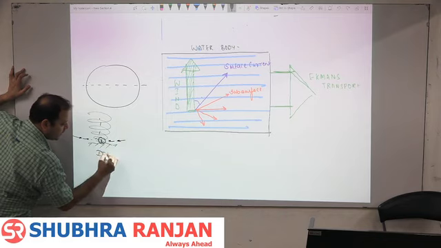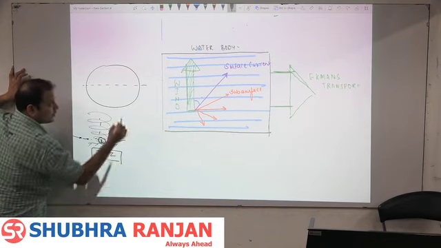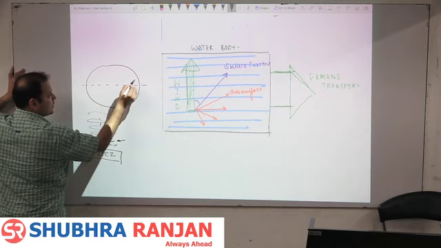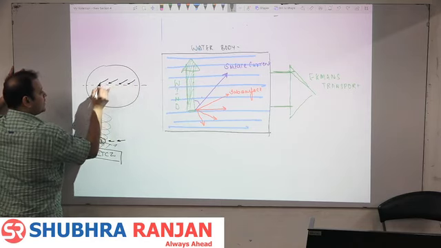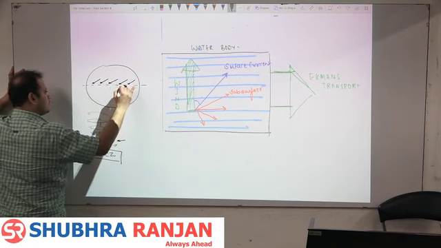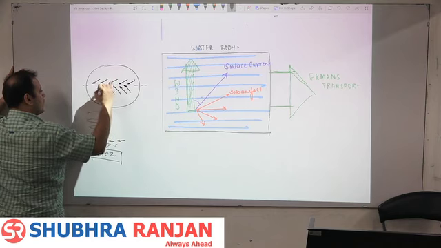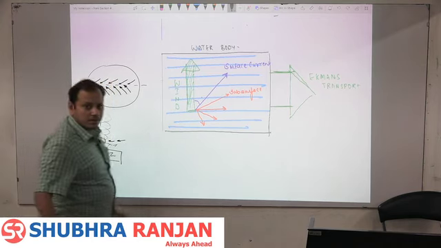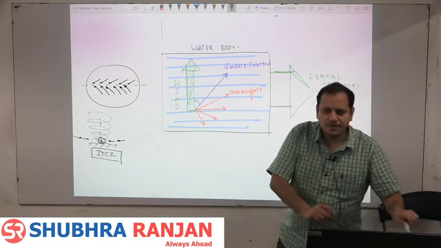Therefore, we will call this ITCZ, Intertropical Convergence Zone. This is how the trade winds are coming from the northern and southern hemisphere. Clear? Understood what is ITCZ?